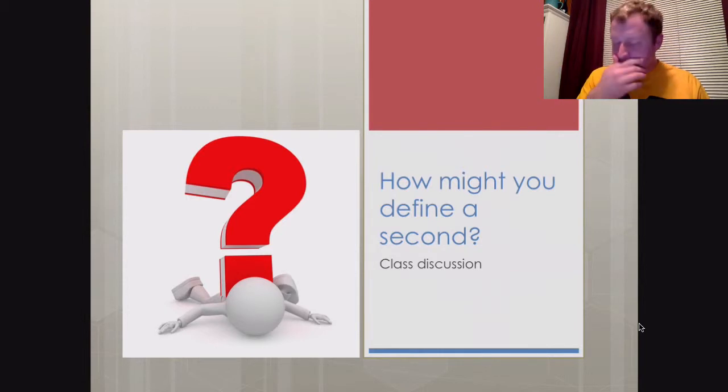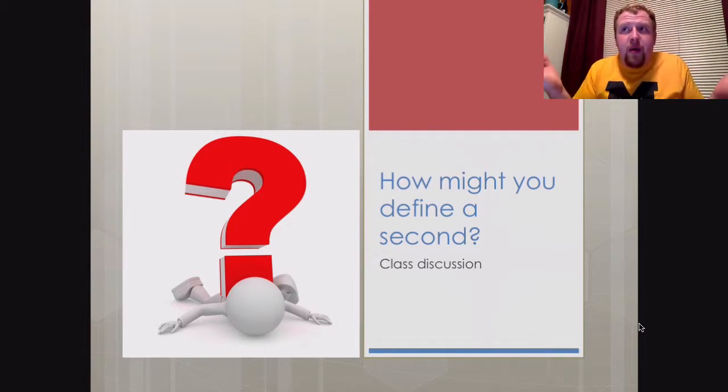Bring it back. Here's what I'm guessing that you probably came up with. Some of you probably said, well, there's 60 seconds in a minute, or it's those little numbers on a clock, or it's that little second hand that goes tick, tick, tick on a clock. But the fact of the matter is, what is a second? What is time?